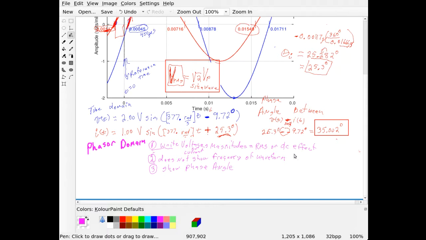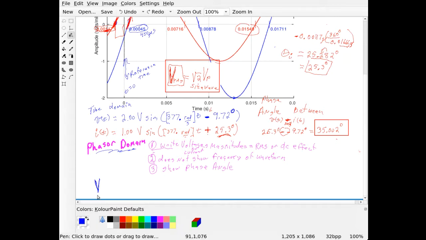Now, when we do this, we need to write it in the DC effective value. Going back to the question that we had earlier, we're going to use a capital V to indicate the phasor domain and V for voltage. A lot of times I'll put a line either above it or under it.